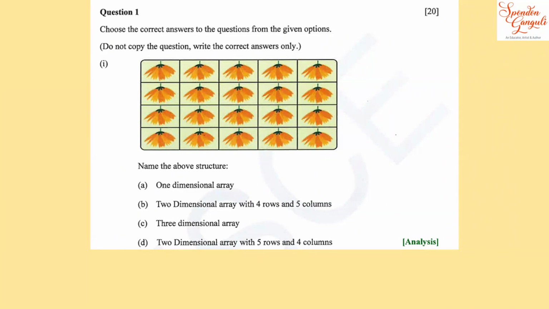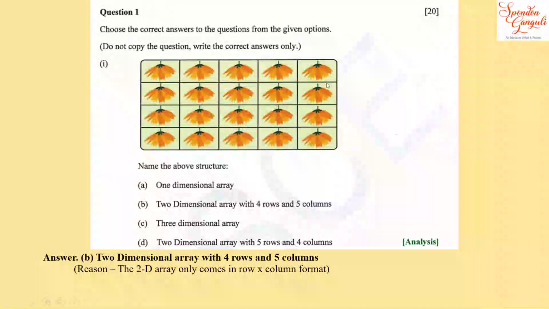First question. Name the above structure as shown over here. Is it a one-dimensional array, a two-dimensional array with 4 rows, 5 columns, a three-dimensional array, or a two-dimensional array with 5 rows, 4 columns? This question is analysis based.